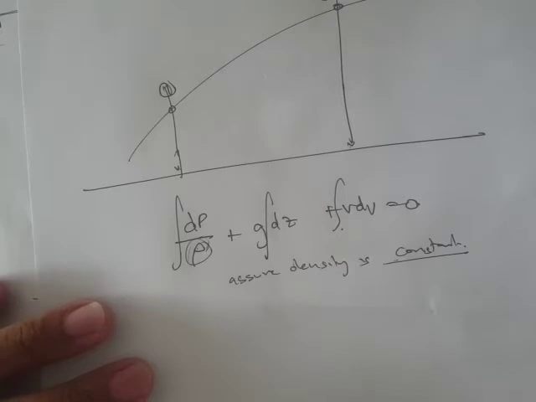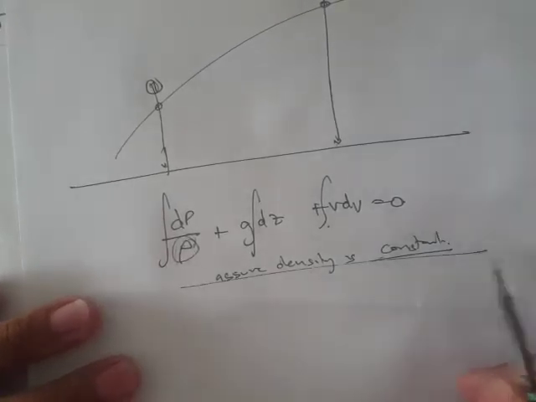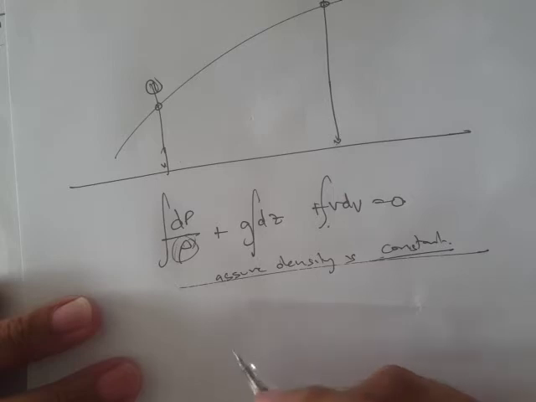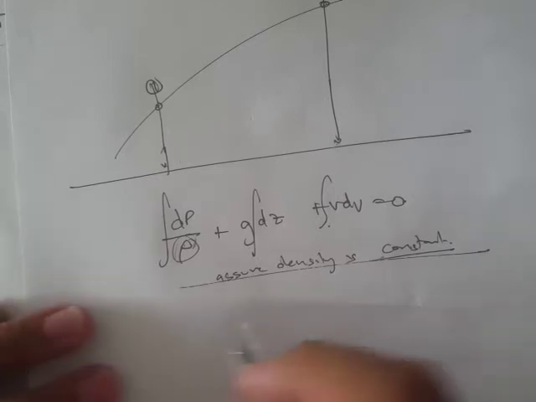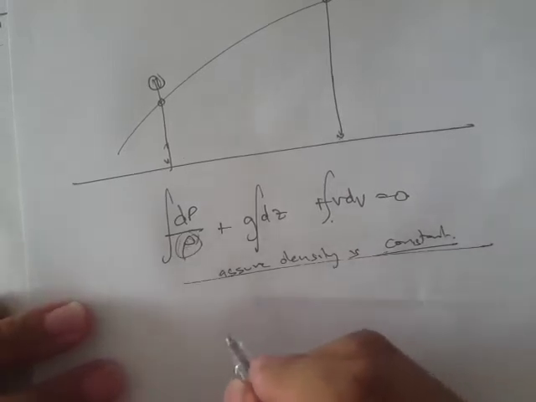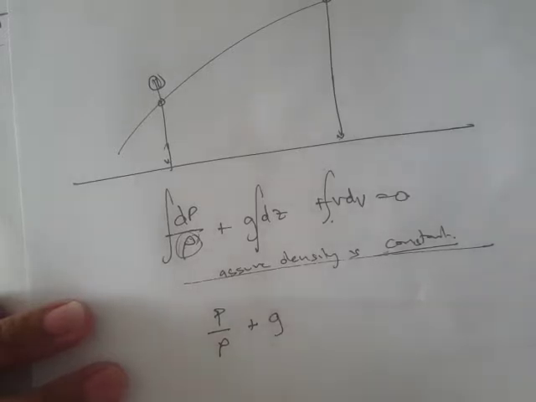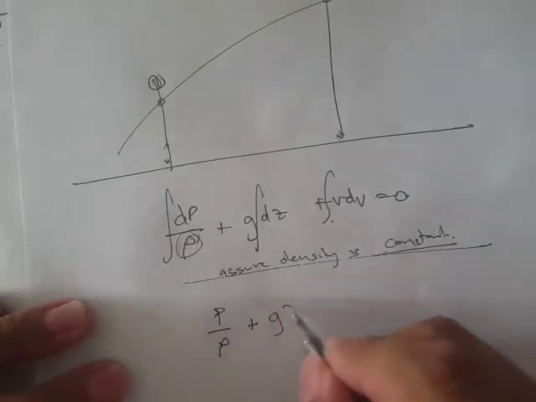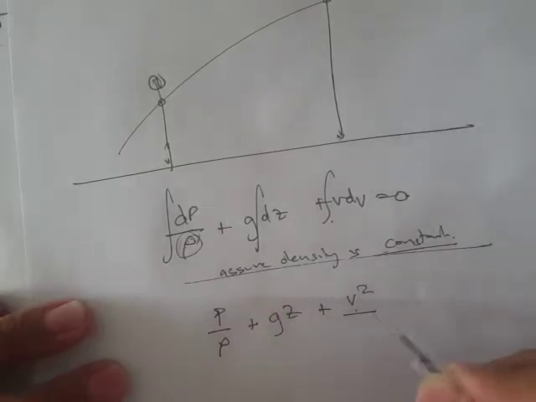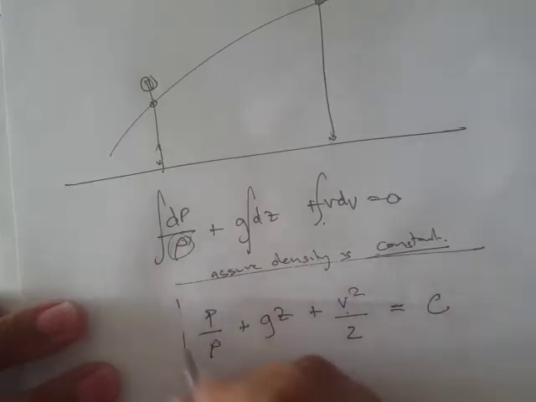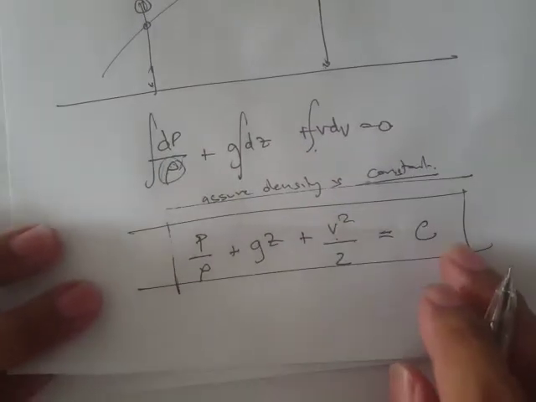So the simplest way is just to assume that the density is constant, or in other words, that the fluid is incompressible. Okay, so if this is constant, then what we get is just simply P over rho plus g times Z plus V squared all over 2, and that's going to be equal to the constant of integration.